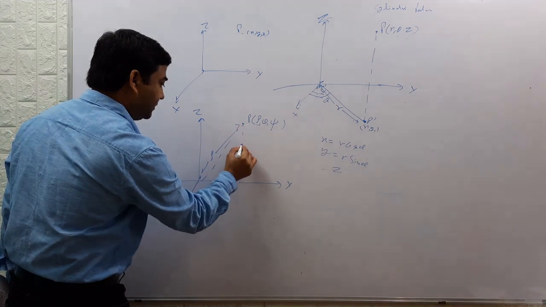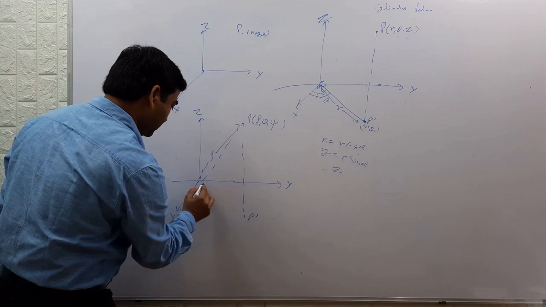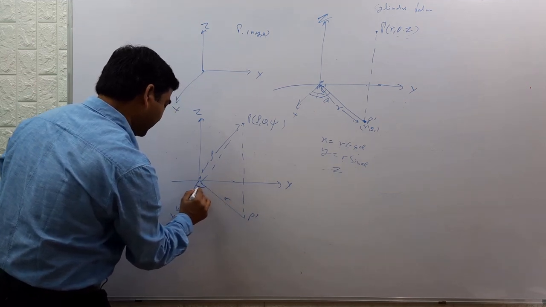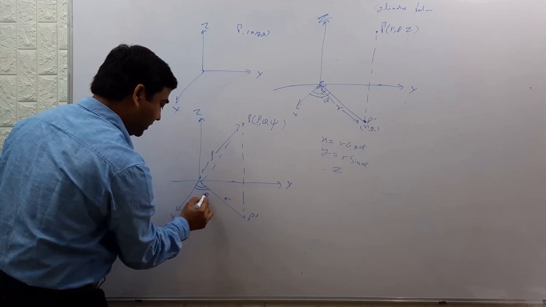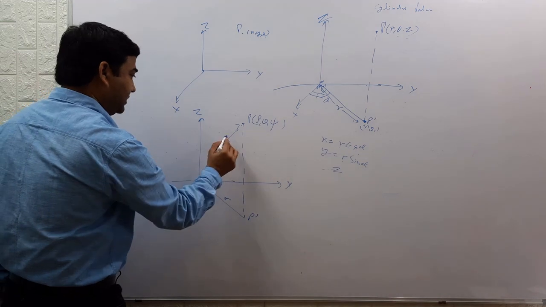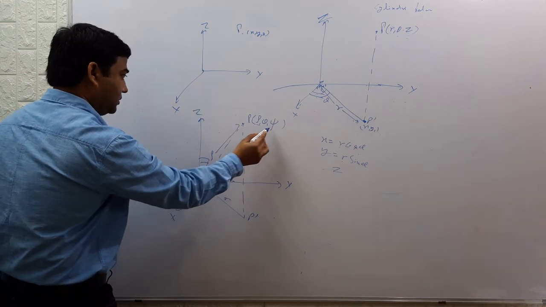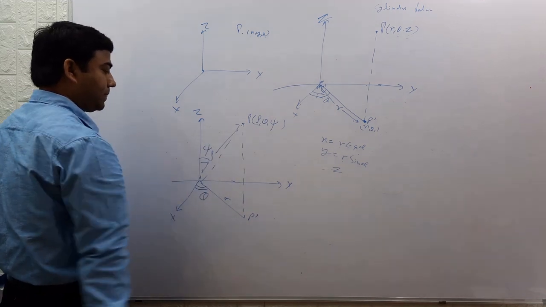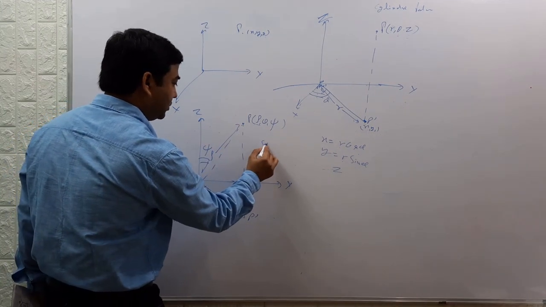Theta is the same: the projection in the xy plane is P dash, r is OP dash, and the angle between x and OP dash is theta. Phi is the angle between Z and OP. This is phi. This is called the spherical coordinate system.